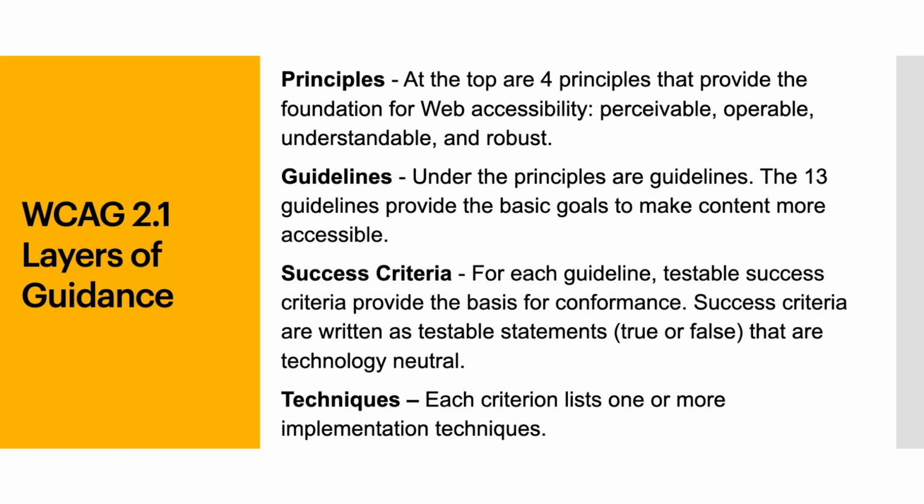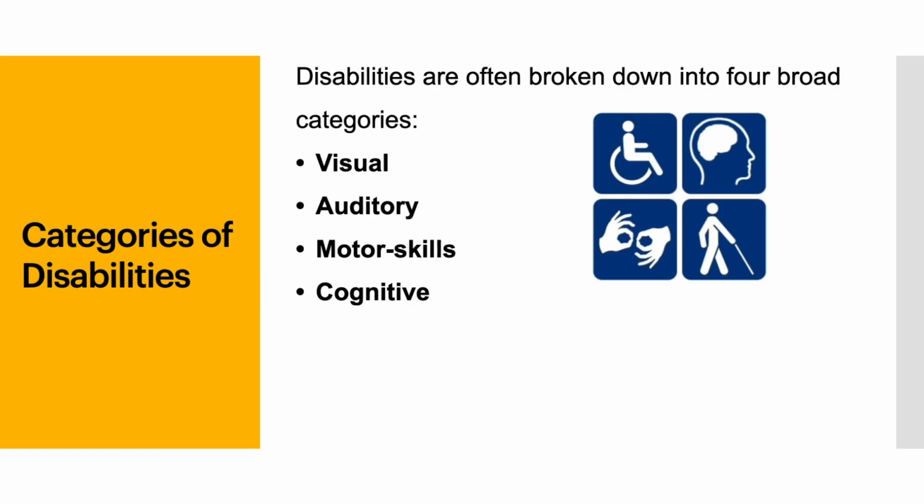So there are four broader types of disabilities: visual, auditory, motor skills, and cognitive. Visual disabilities include blindness, low vision, and color blindness. Users rely on screen readers, magnifiers, and high contrast settings in these situations.